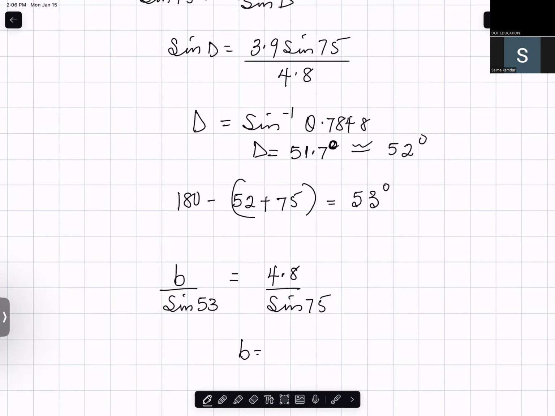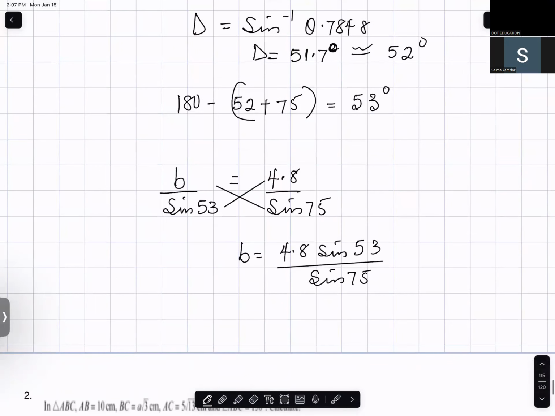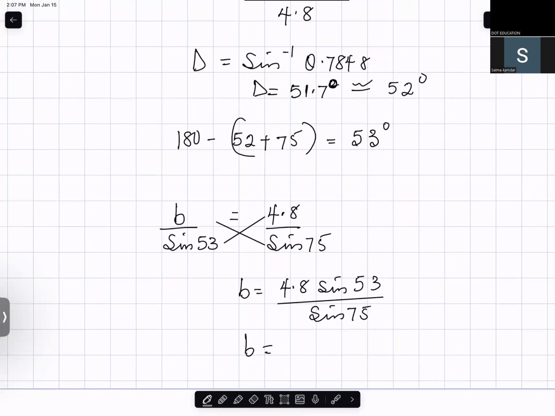So our B becomes 4.8 sine 53 divided by sine 75. B equals, on your calculator, 4.8 sine 53 divided by sine 75, which is 3.96, which is 4 cm.